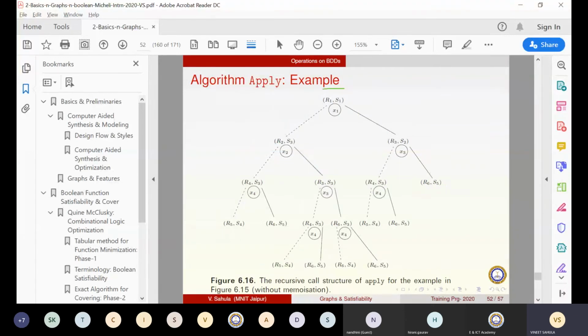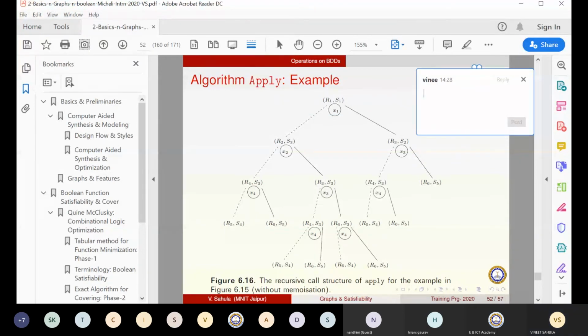I am operating between R1 and S1 by ORing the functions. This boils down to the left of R1, which is R2, and the left of S1, which is S3.